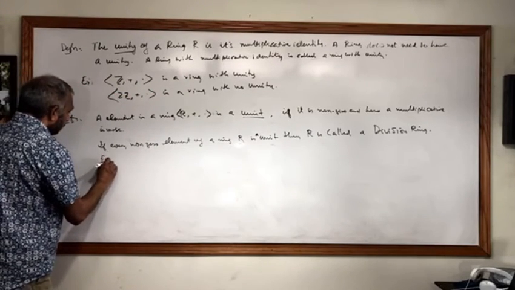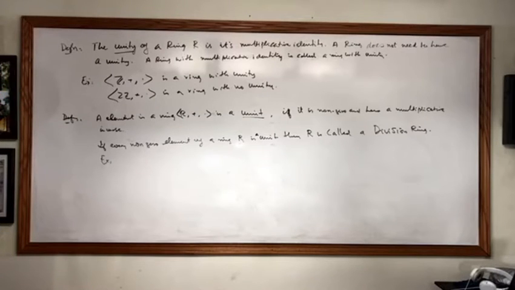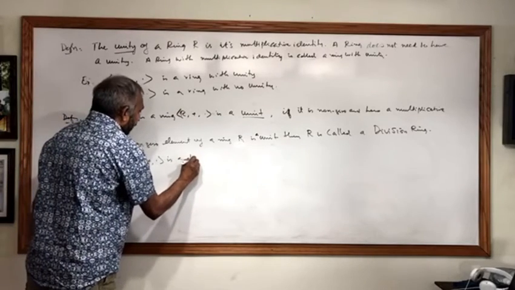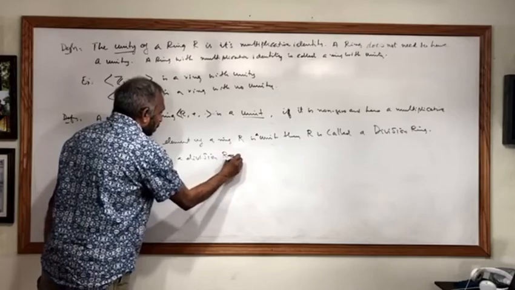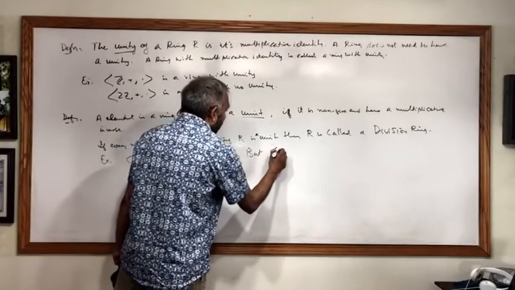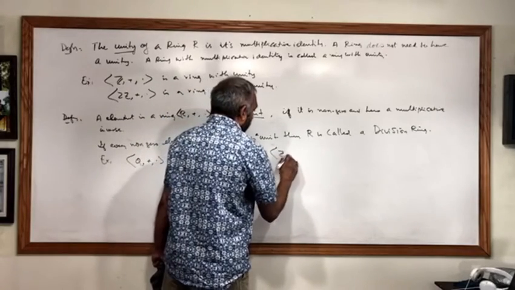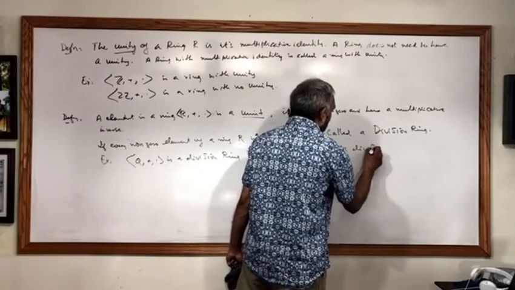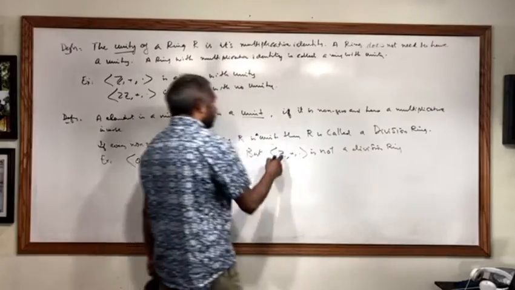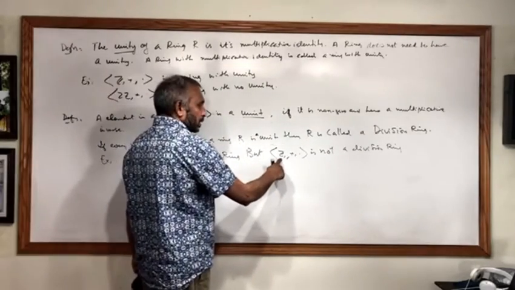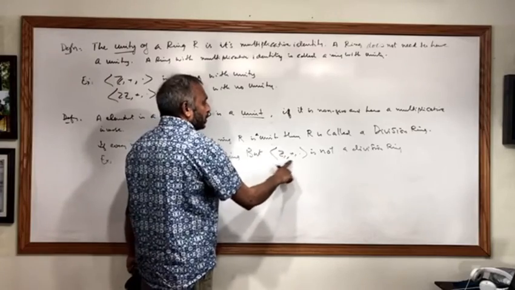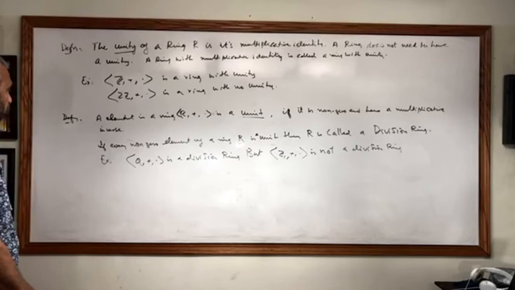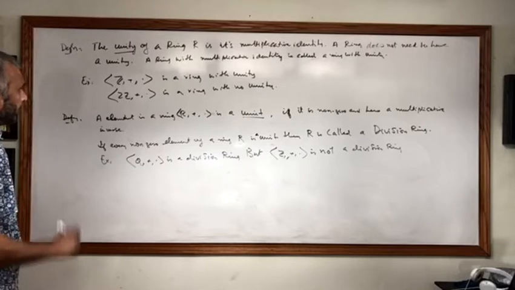Example, Q is a division ring, but Z is not a division ring, because Z contains only integers except one. None of the non-zero integers have a multiplicative inverse. Okay.